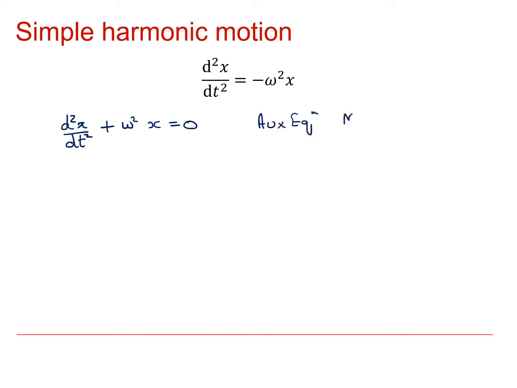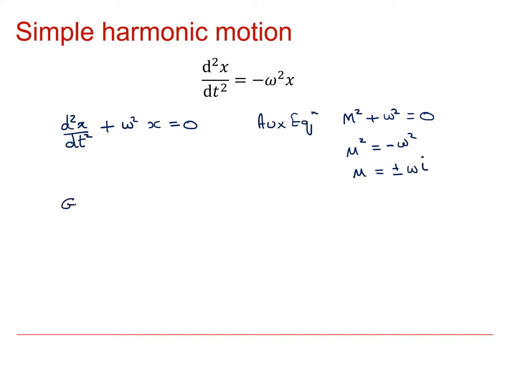That's going to give me m squared plus omega squared is equal to 0, so m squared is equal to minus omega squared, which tells me that m is plus or minus omega i.